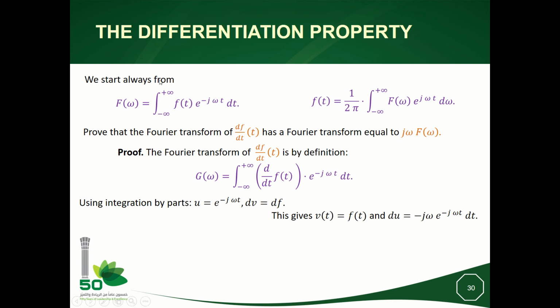If we calculate the direct Fourier transform of the derivative of f with respect to time, so this is exactly G of omega.